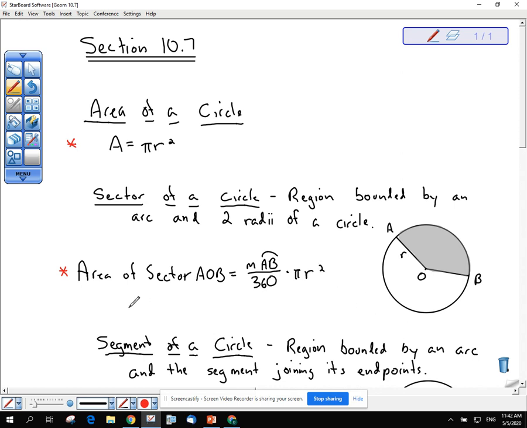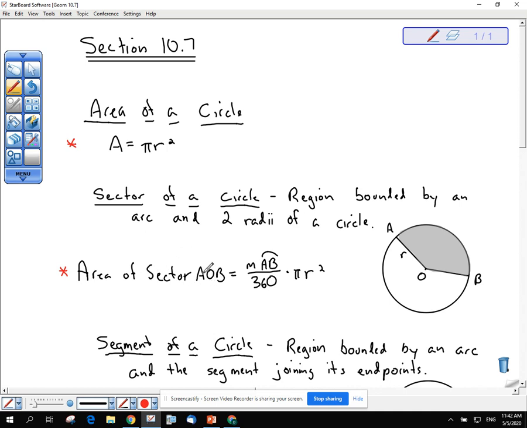Now, before we do an example like this, I will point out the way they name the sector is with 3 letters. Please be careful not to confuse that with the way we were naming minor arcs, semicircles, and major arcs. This is different. Yes, this does include the center. I really will not make a focus out of naming the sector at all.